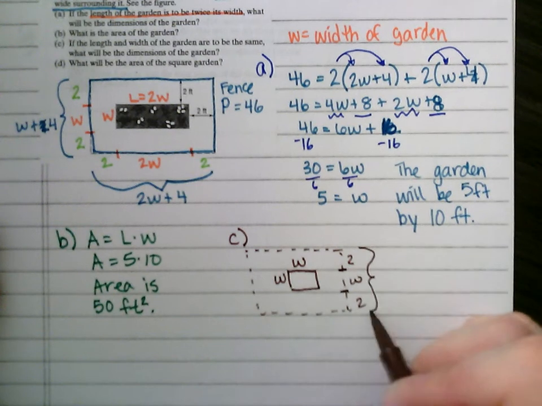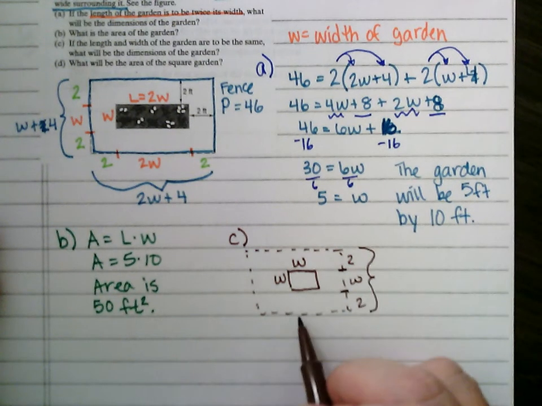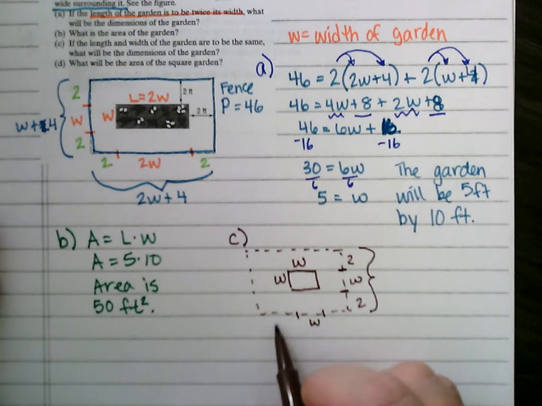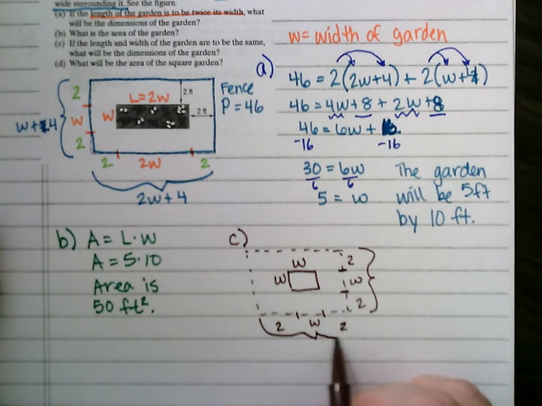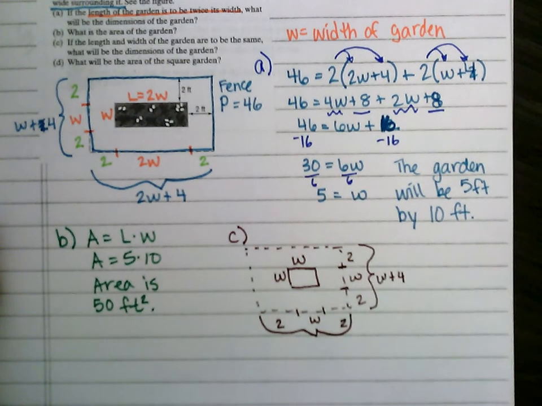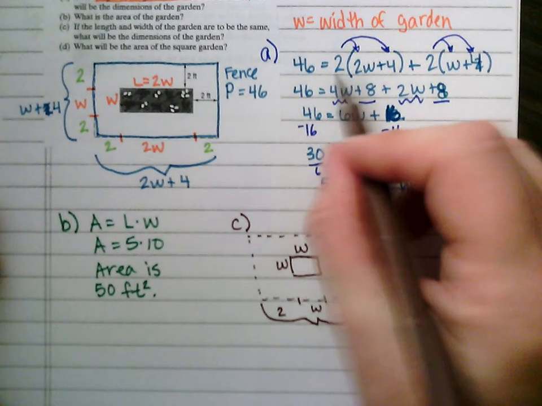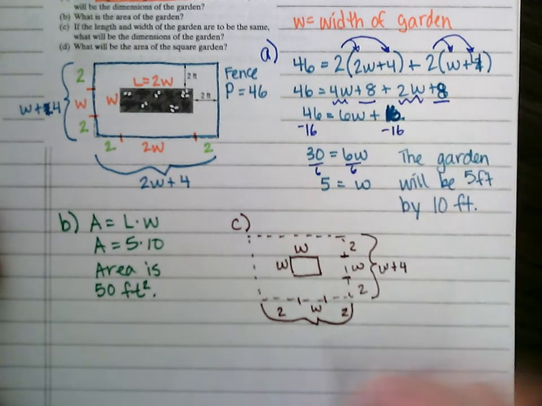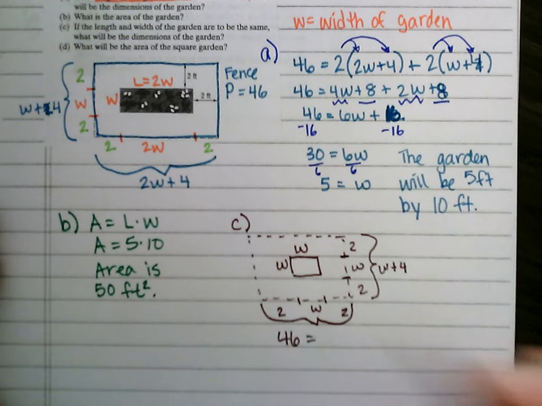So now the length and the width are going to be the same, right? Because we just set that up. So the length side and the width side will both be W plus 4. And I still have 46 feet of fence. So now instead of this formula up here, we'll have 46 equals. We could set it up like 2 length plus 2 width, or we could set it up like all 4 sides are the same.